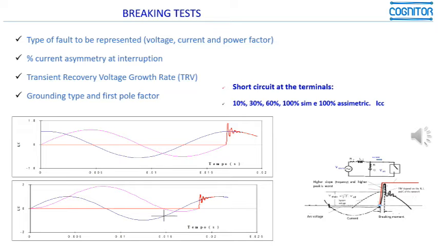Let's say, if we change the values of resistance, inductance, and capacitance, we will have the black wave with different values of peak voltage and frequencies of the oscillation. And for each one of the specific situations that a circuit breaker will have to interrupt, there is one test representing that situation.